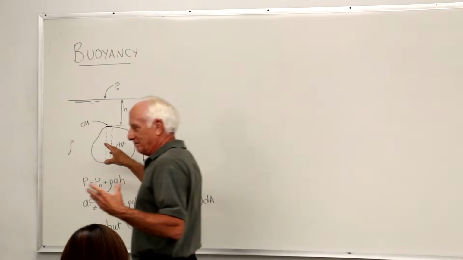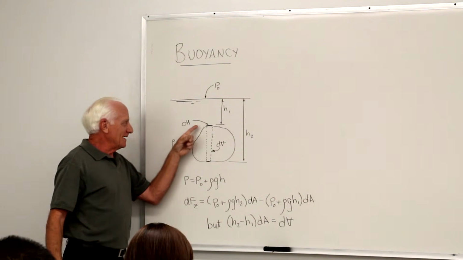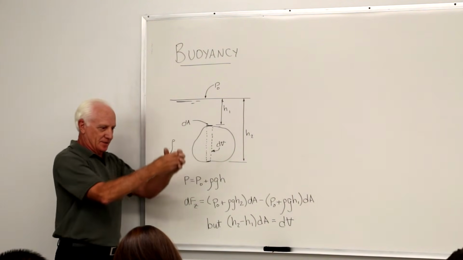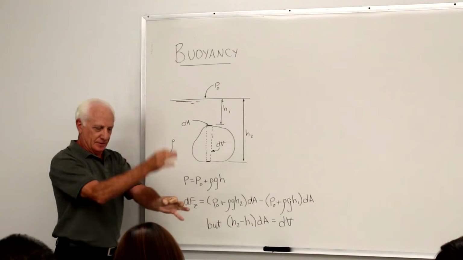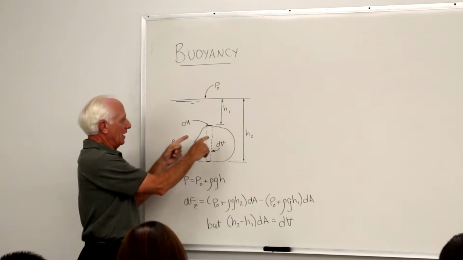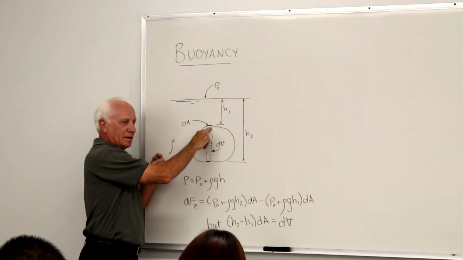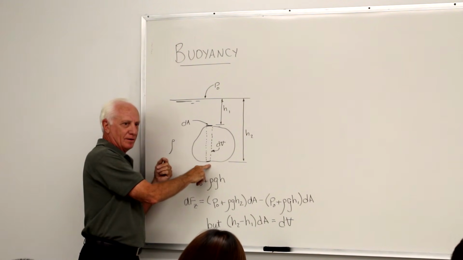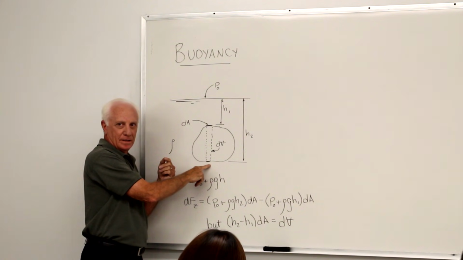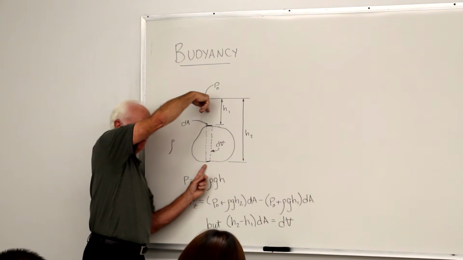Here's an object, golf ball, ping pong ball, whatever. The top. Take a slice of a little circular sliver of it. Cheese stick. The pressure up here, not too big. The pressure down here, uh-oh, bigger, we're deeper, bigger pressure, smaller pressure. Which one wins?